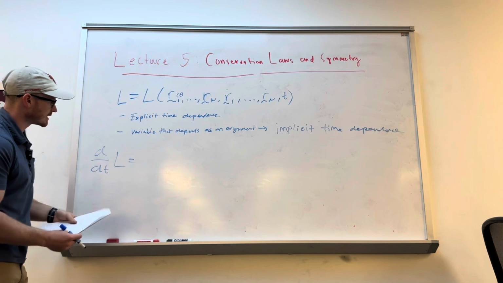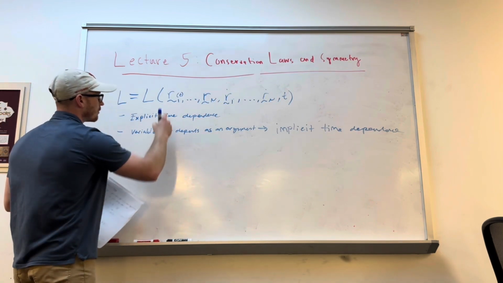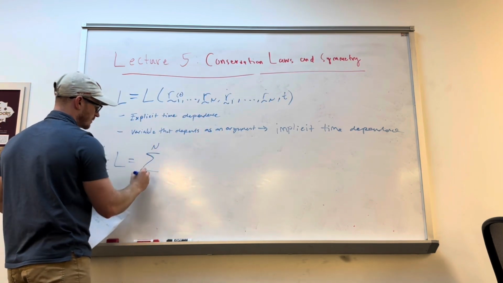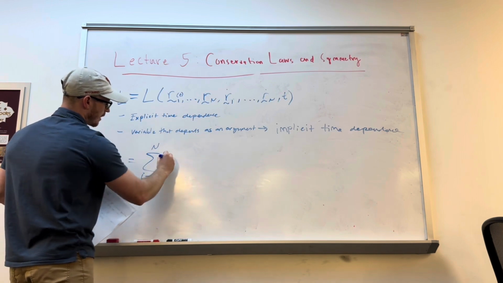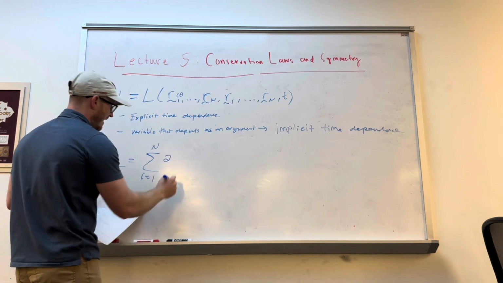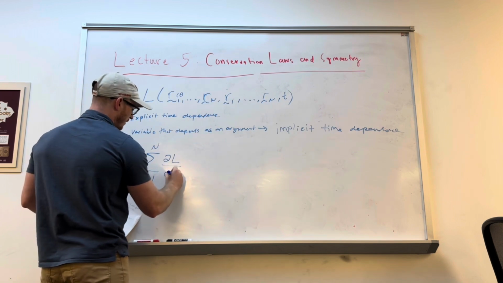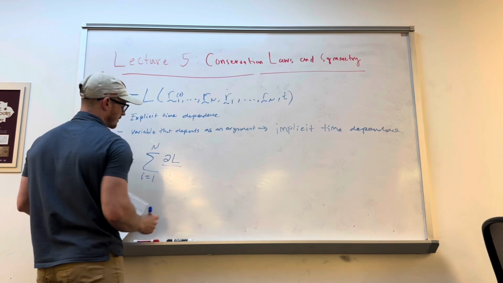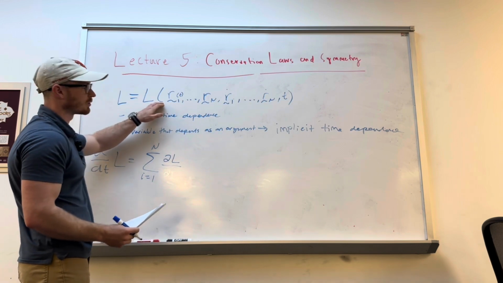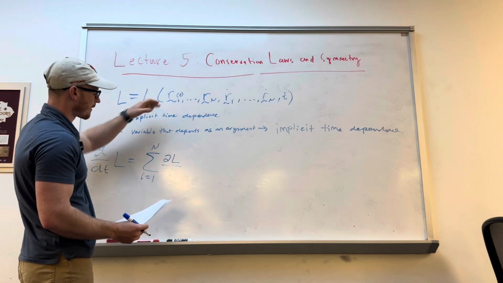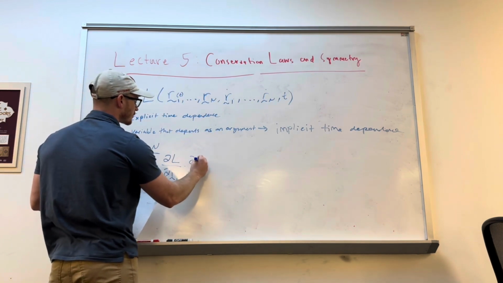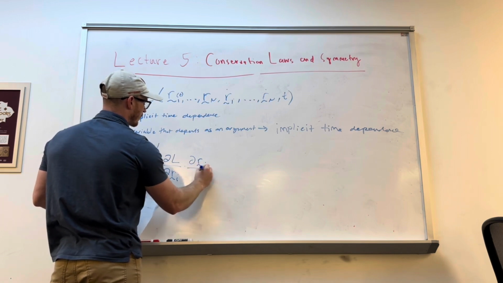So in general, dL dt is going to be a sum over all the positions of partial L, partial Ri, right? We're just doing the chain rule, so we're doing partial L, partial Ri, times partial Ri, partial T.